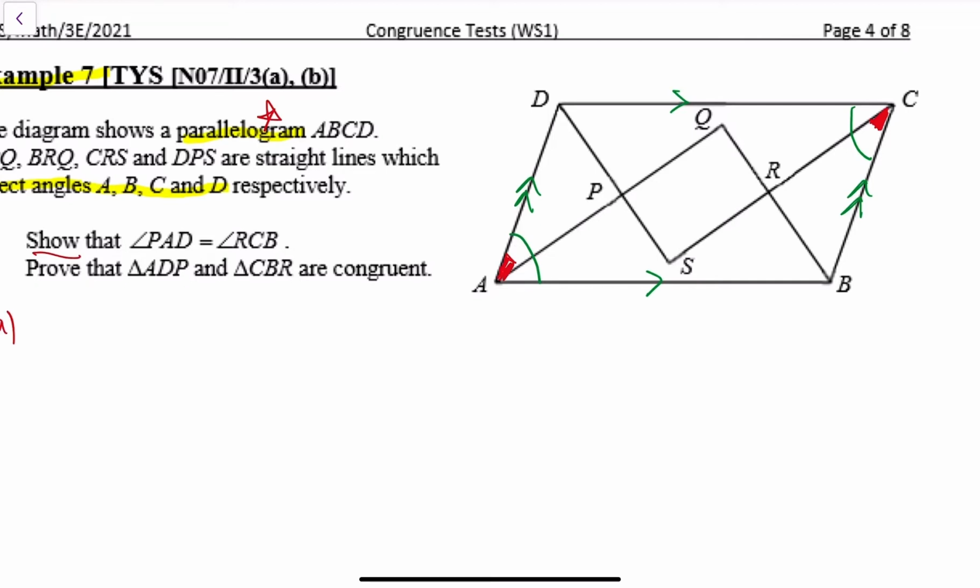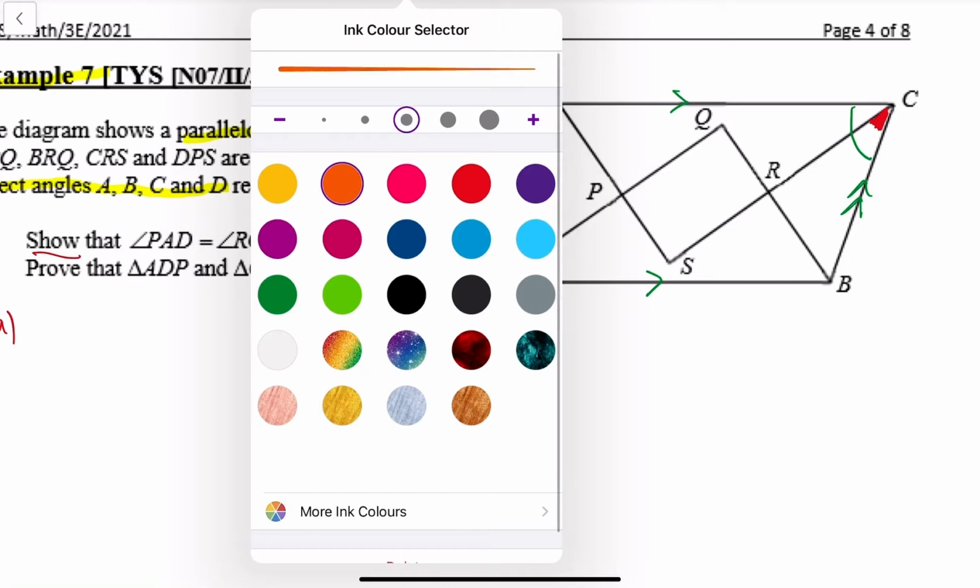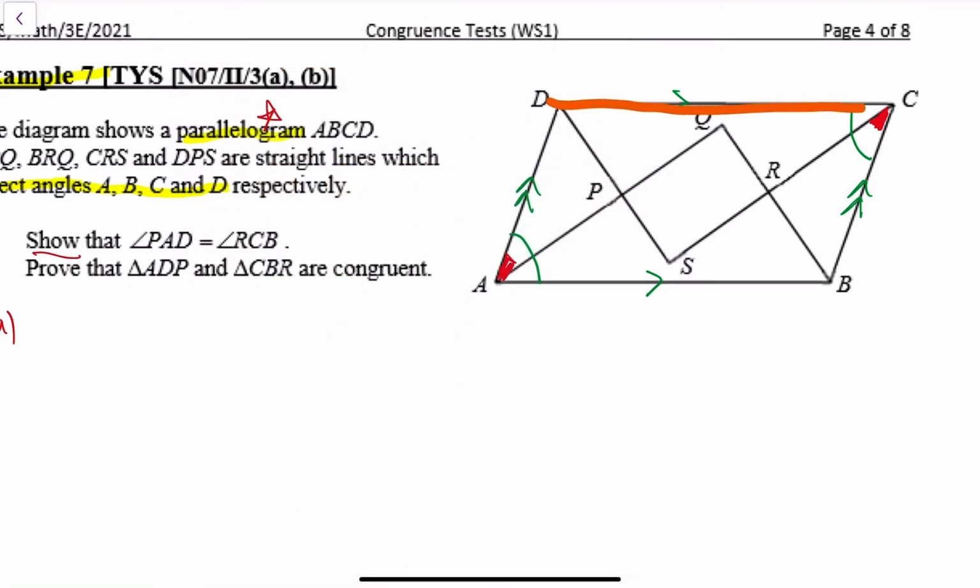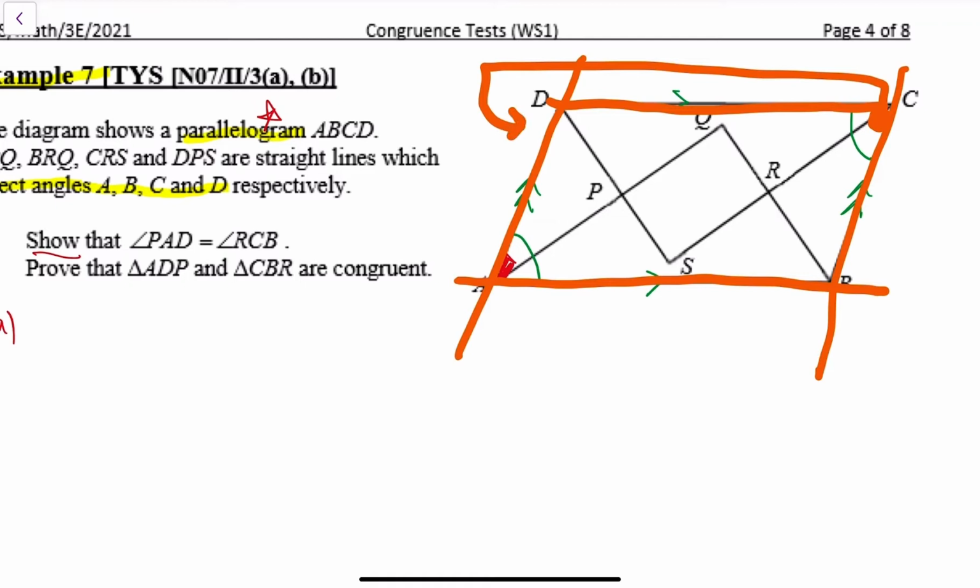Okay, let me use orange color, thicker one. Because I have parallel lines, and these lines are also parallel to each other, which means that this angle on this side, I can move it to this side, and you have alternate angles. Right, so I want you to be able to move it in your head.